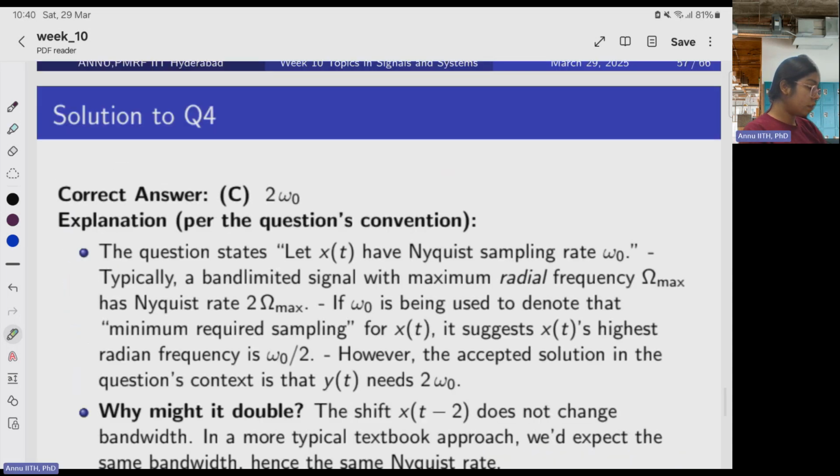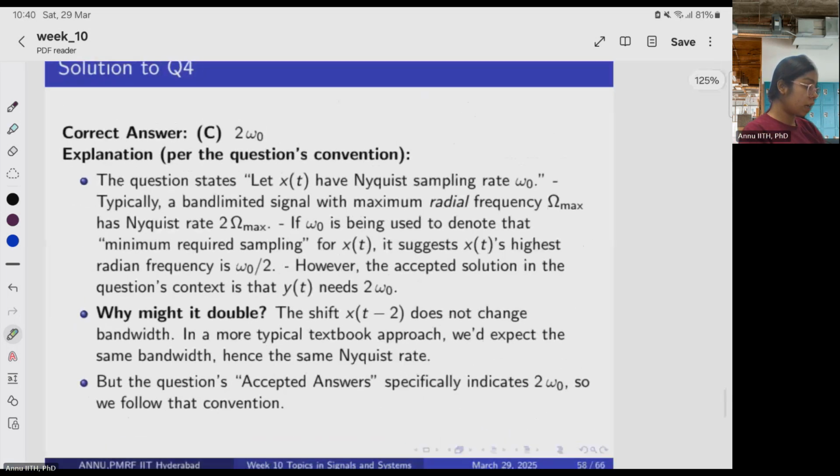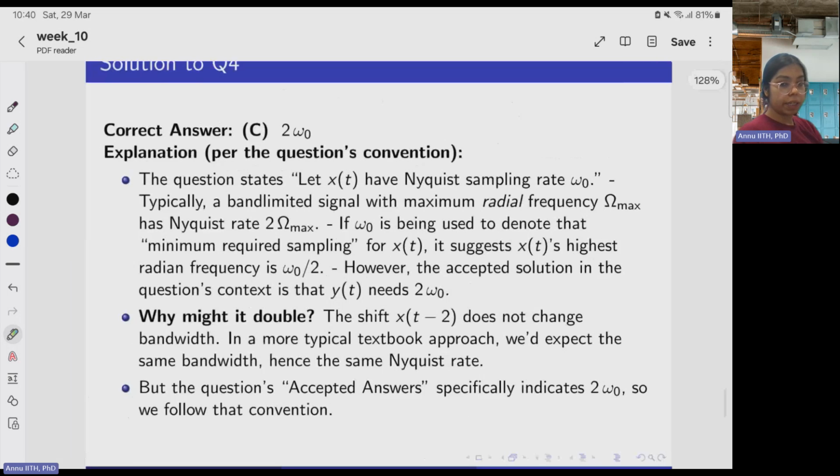So we have 2 omega naught, and the detailed explanation with the question is given here.